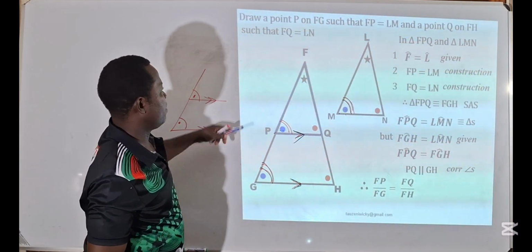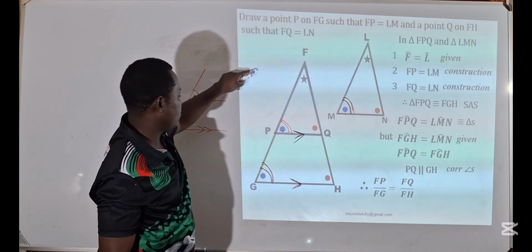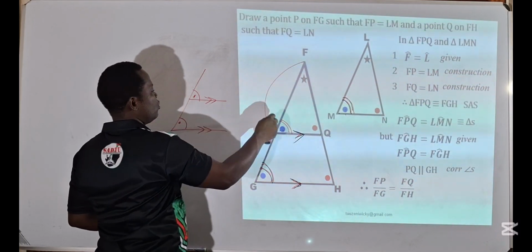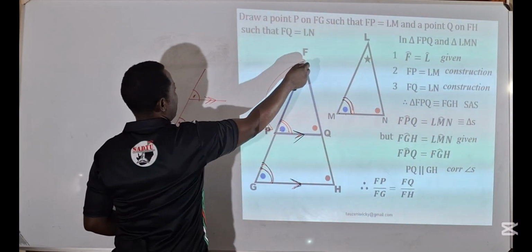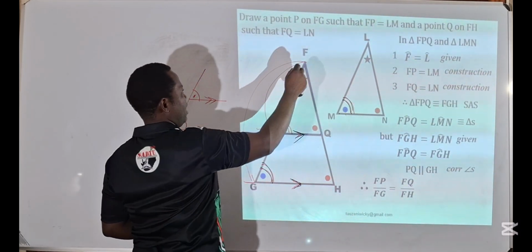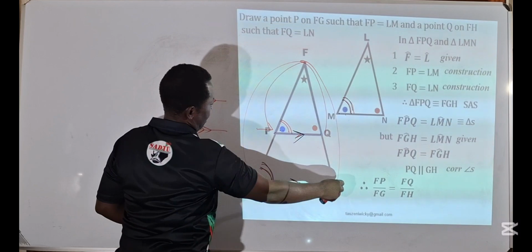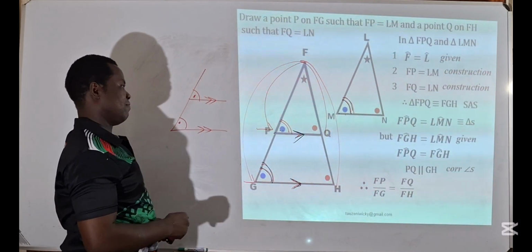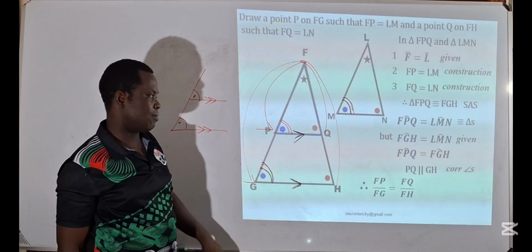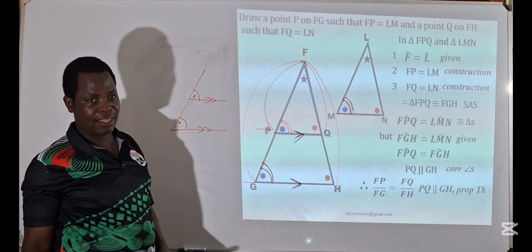The side from F to P divided by F to G. Here we are taking the line from F to P divided by F to G. That is the same as F to Q divided by F to H. Those are the fractions that we get from this triangle because of the proportionality theorem, since these two lines are parallel to each other.